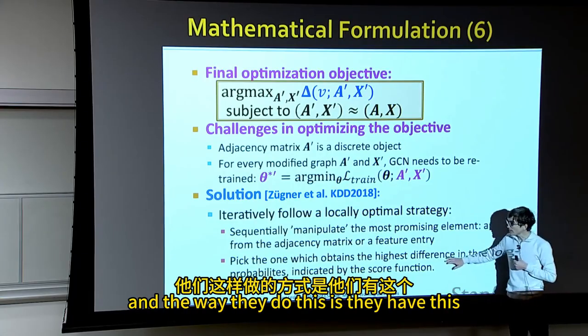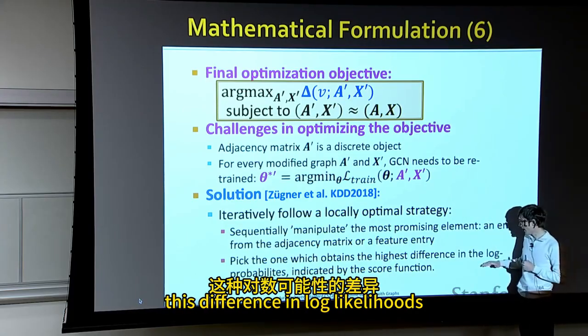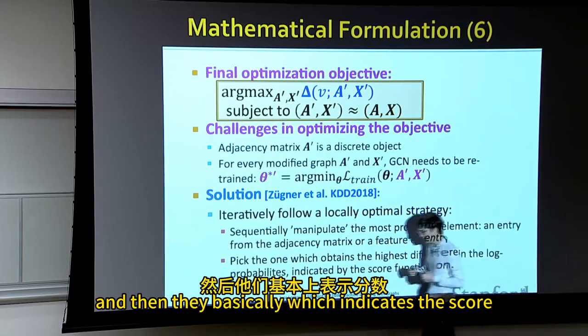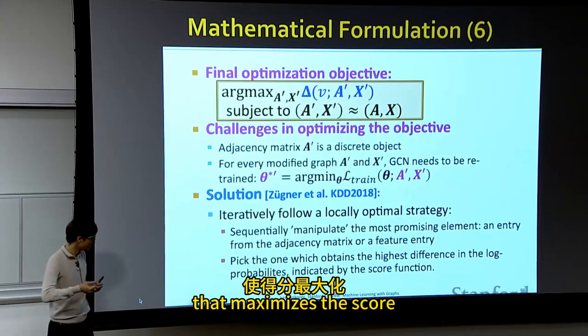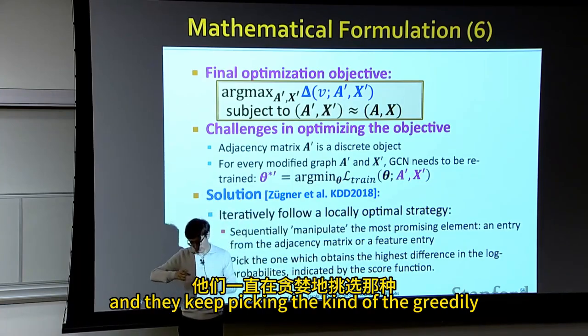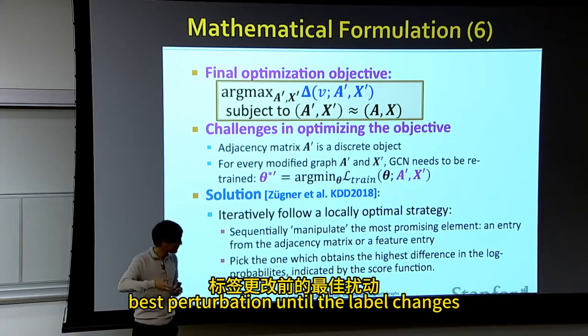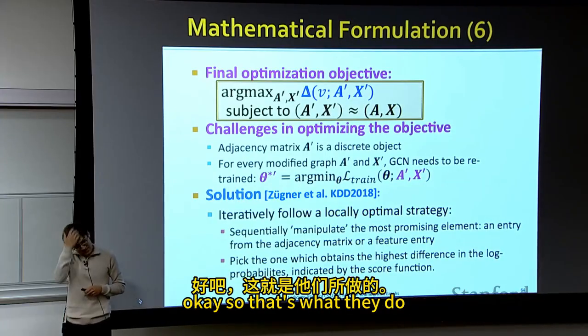The way they do this is they have this delta objective function, this difference in log likelihoods, which indicates the score, and they pick the perturbation that maximizes the score. And they keep picking the greedily best perturbation until the label changes. Okay, so that's what they do.